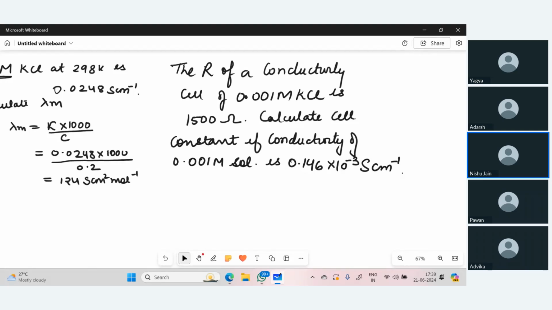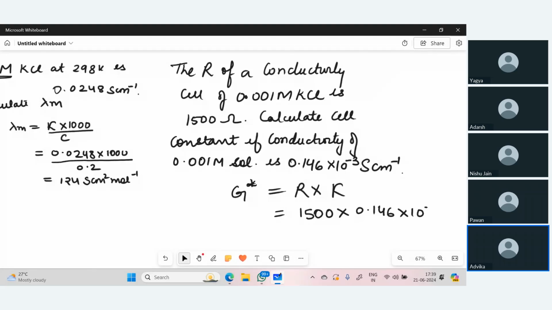Yeah, Advika, you tell me how to solve this one. Ma'am, G star is equal to R into conductivity. Yes, tell me the values. R is 1500 into 0.146 into 10 raised to minus 3.